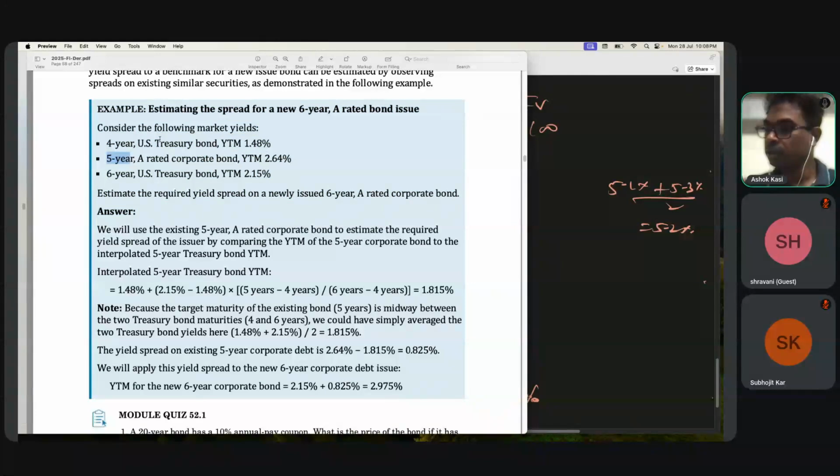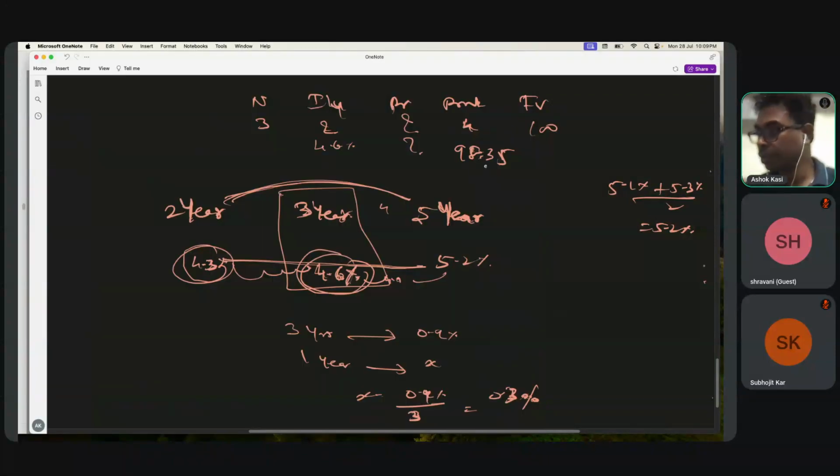The 5-year, this is the treasury bond yield, and this is the corporate bond. The 5-year corporate bond yield, and this is the 6-year treasury bond yield. Now estimate the required yield spread on a newly issued 6-year A-rated corporate bond. That is the point.